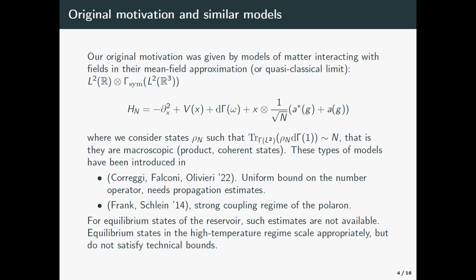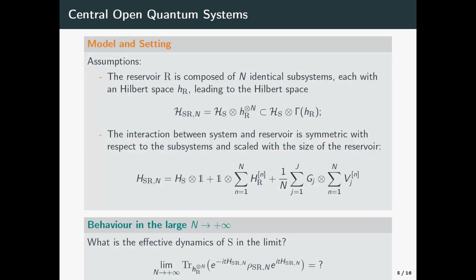In open systems, you want to study equilibrium states, and it's well known that in a high temperature limit, these are in a sense of mean field type. If one verifies that with Wick rule with scaled creation and annihilation operators, one finds something convergent with a different covariance, which is a classical Gaussian measure. But this is too hard, as we have to go out of the Fock space.